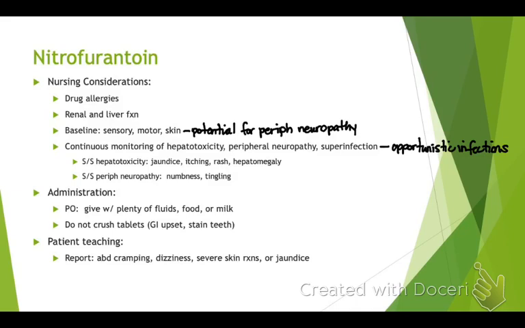Continuous monitoring of hepatotoxicity, peripheral neuropathy, and superinfection. Those opportunistic infections are going to be important to look for. Signs and symptoms of hepatotoxicity include jaundice, itching, rash, hepatomegaly, and also signs and symptoms of peripheral neuropathy, like numbness or tingling.